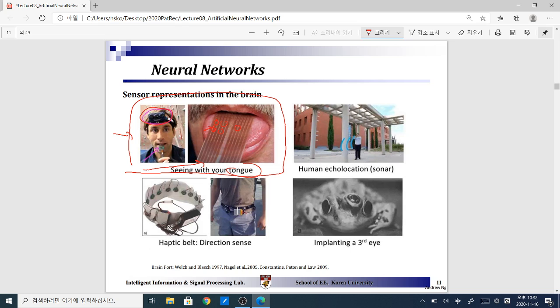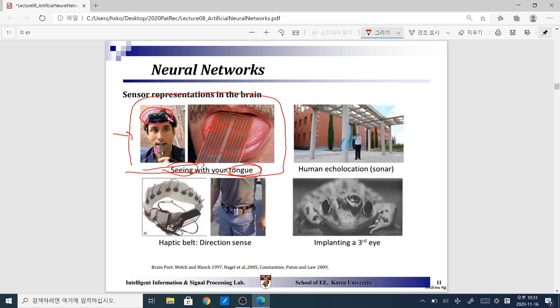Or if it sees something very bright, it will stimulate a specific location of the stimulating wire that's attached to your tongue. So this means that you could actually train your brain to see through your tongue.